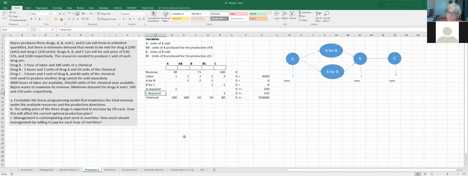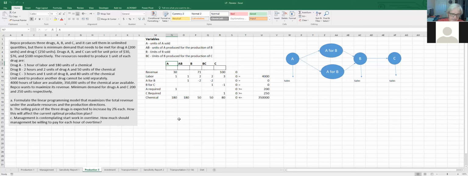Now comes the production process. This production process requires 2 units of A you ship to the department of B to produce B out of it. So in order to produce B, you need a chemical, but you also use A in it. You modify A, and then it comes out as product B. 2 units of A are needed for 1 unit of B. In addition, to produce C, you ship B into it.